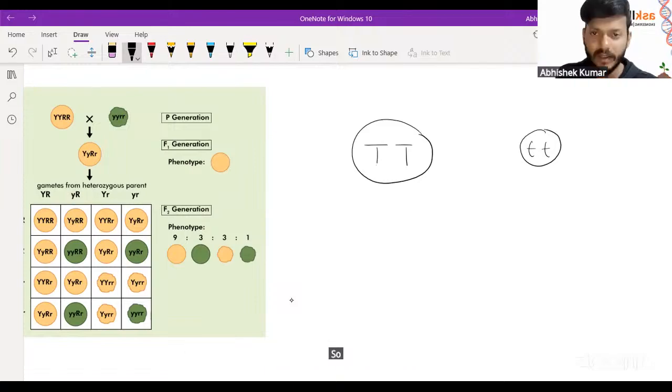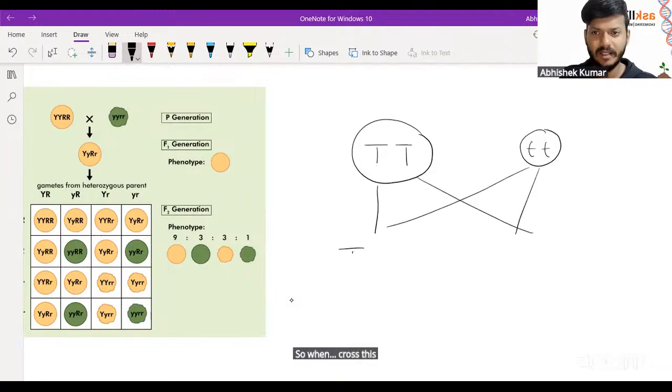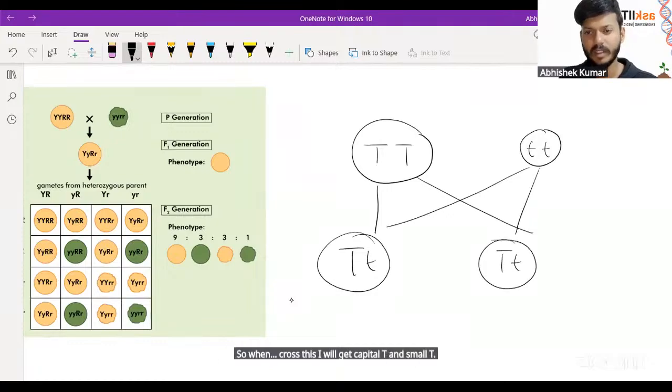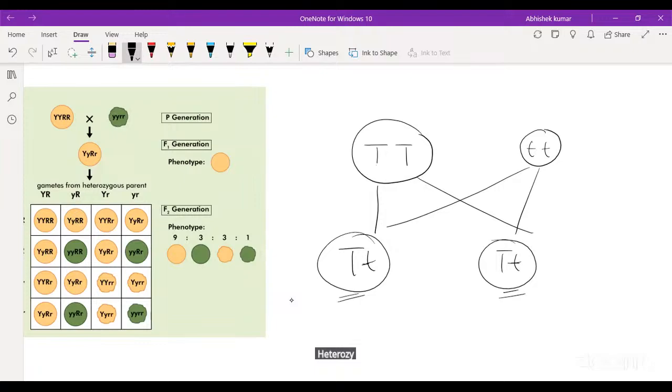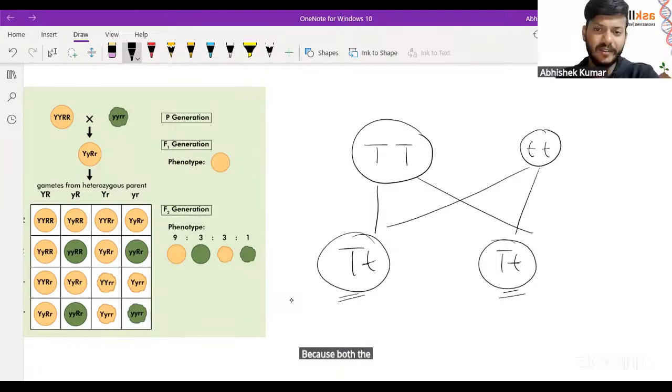So when I cross this, I will get capital T, small t. Capital T, small t. What type of condition is in this cell? Is it homozygous or heterozygous? Heterozygous, because both the alleles are different. One is capital, one is small.